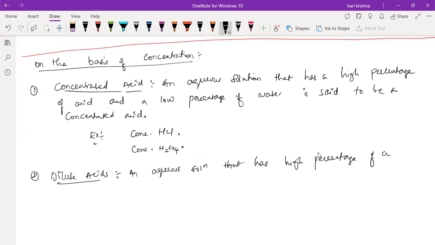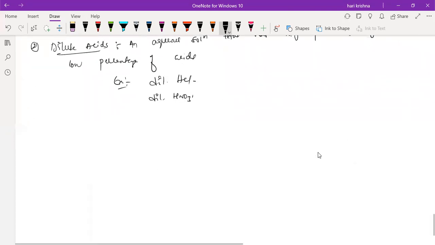Low percentage of acid. They will mention it like dil. This is the basic one, concentration of acids. So with this, we have finished the classification of acids.